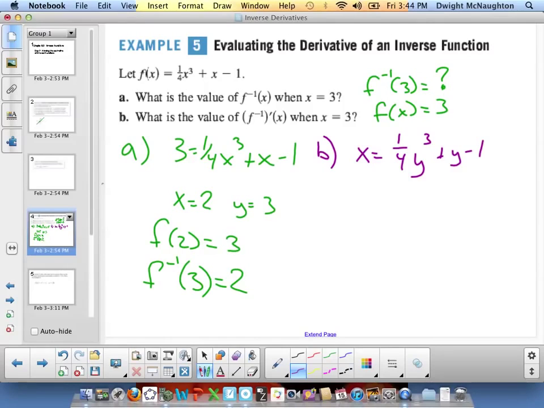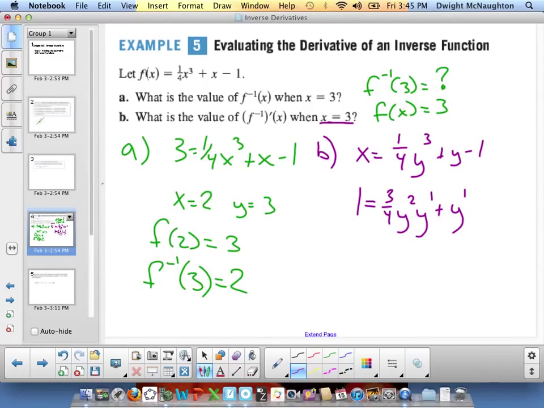All right? So just take the derivative here. Derivative of x is 1. Derivative of 1/4 y cubed, use the power rule, would be 3/4 y squared y prime plus y prime. And then the 1 is a constant, so its derivative is 0. All right, now we plug in what we know. We are looking for y prime when x is 3.